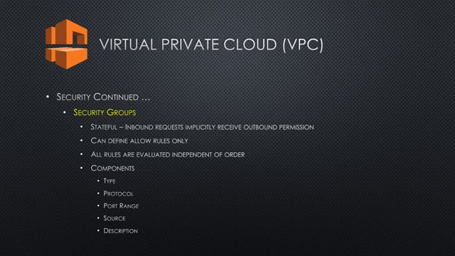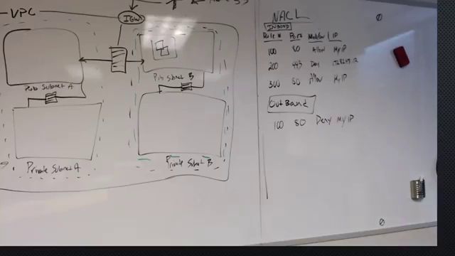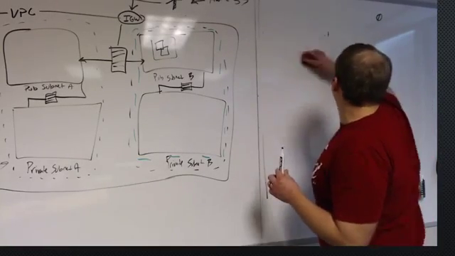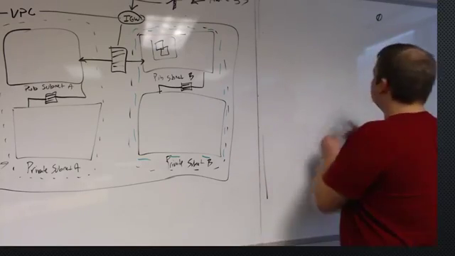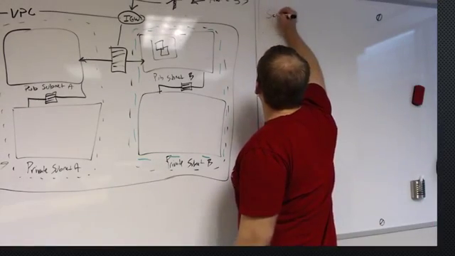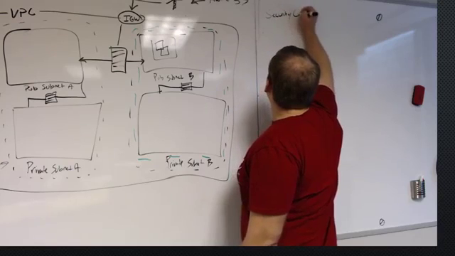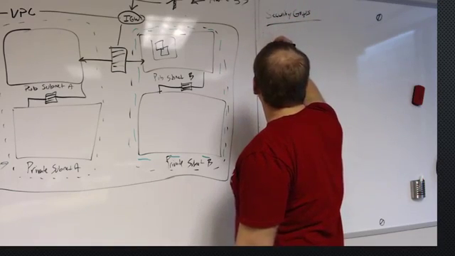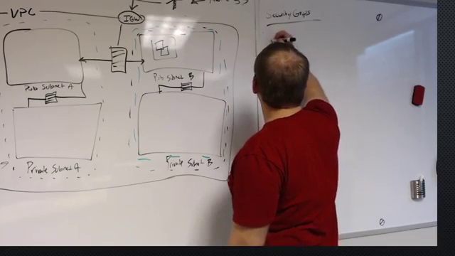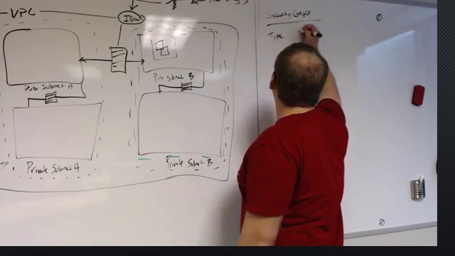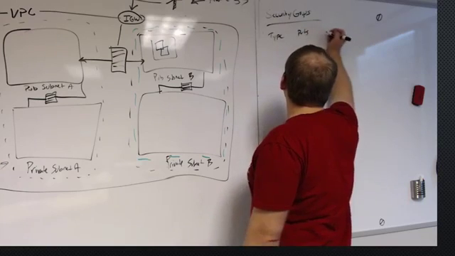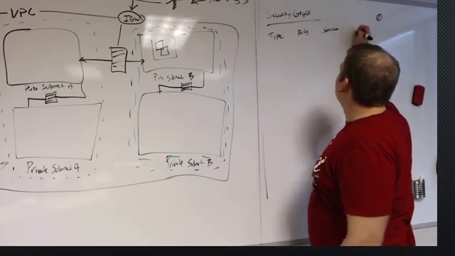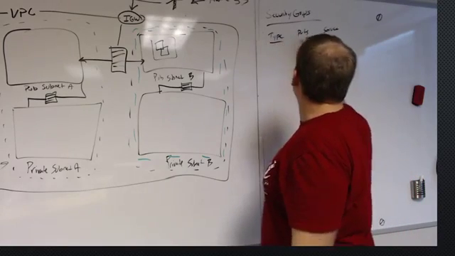So switch over. Security groups. And I'm going to have a type and ports and source and description and some others I'm not going to put up there.